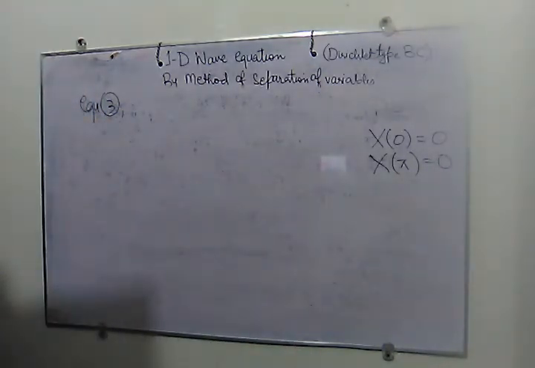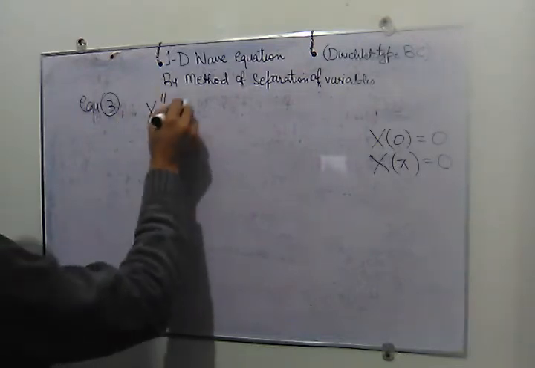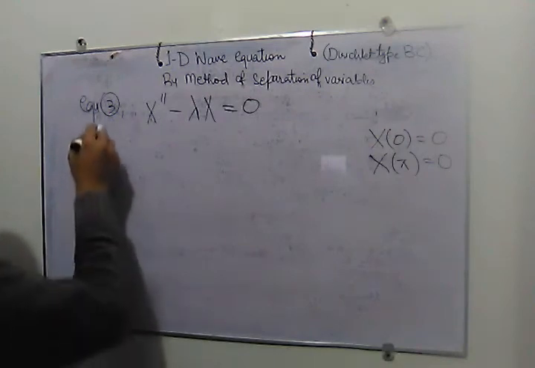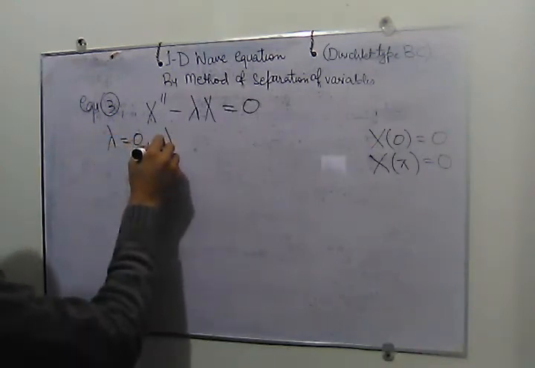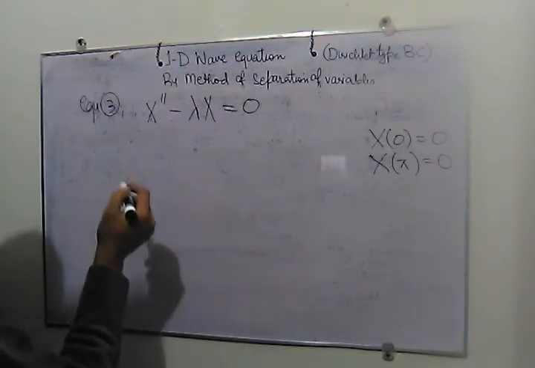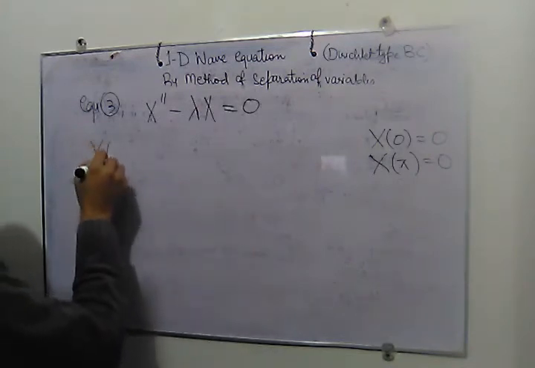So equation 3 was X'' minus lambda X is equal to 0. And now if we select lambda equal to 0, lambda greater than 0 or lambda less than 0, we have 3 different solutions.